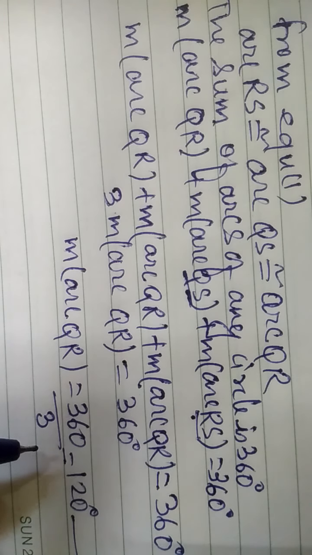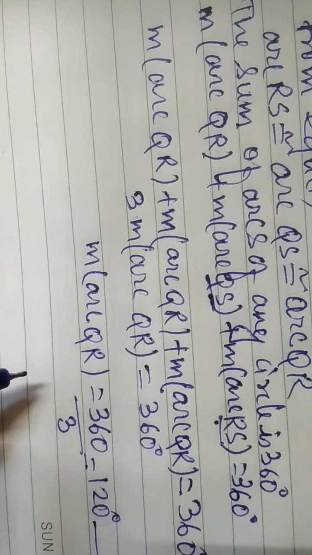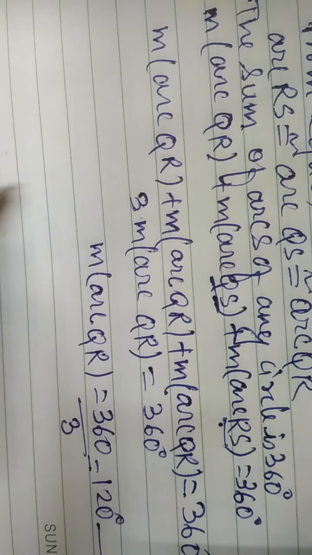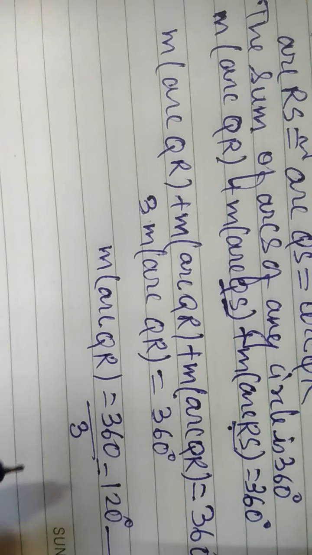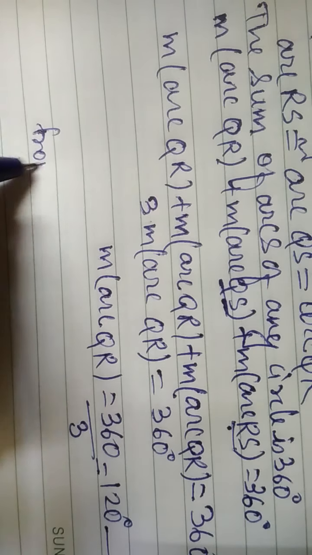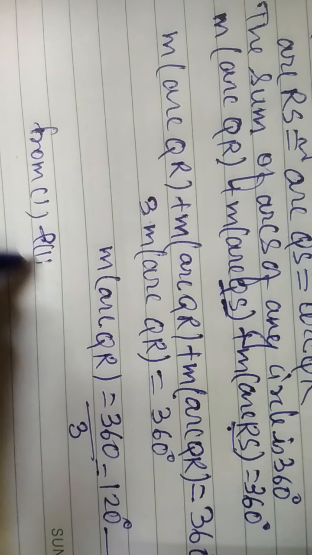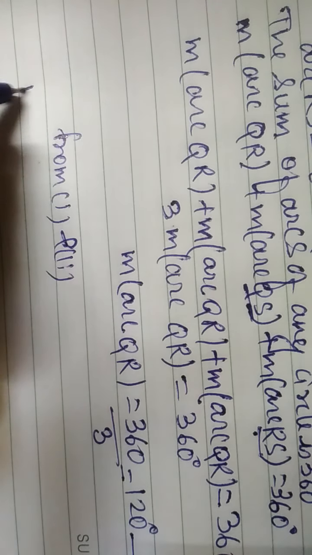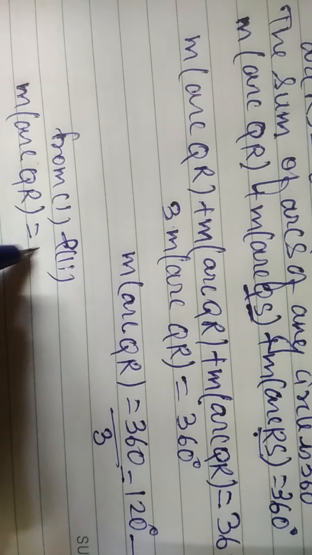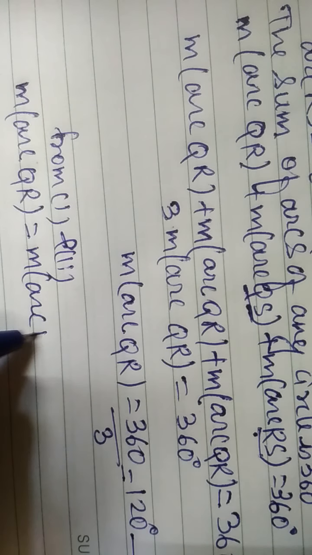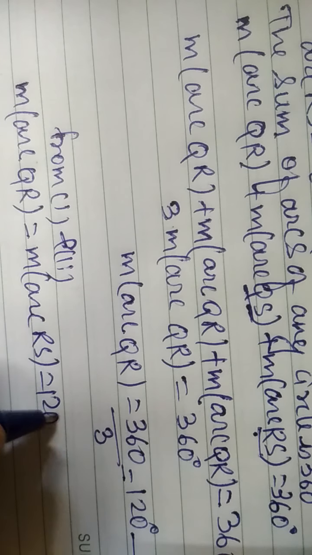Now we have to prove that arc QRS equals 240 degrees. From equations 1 and 2, we can write that the measure of arc QR equals the measure of arc RS, which equals 120 degrees.